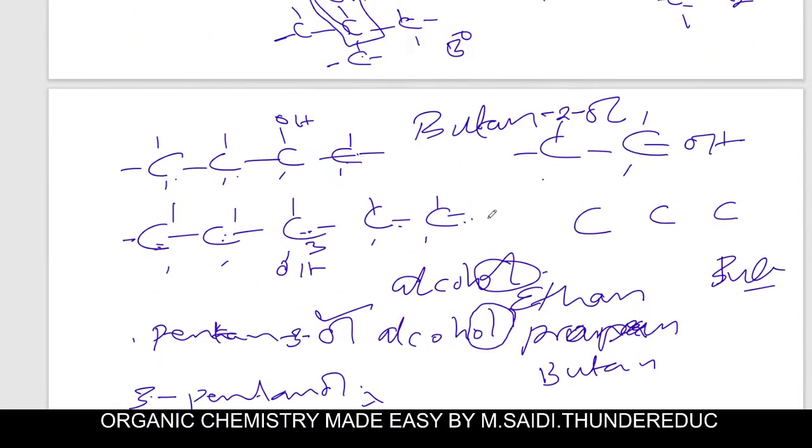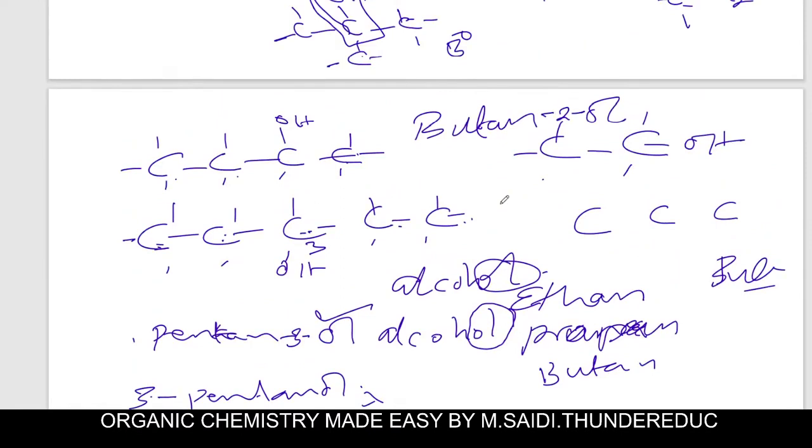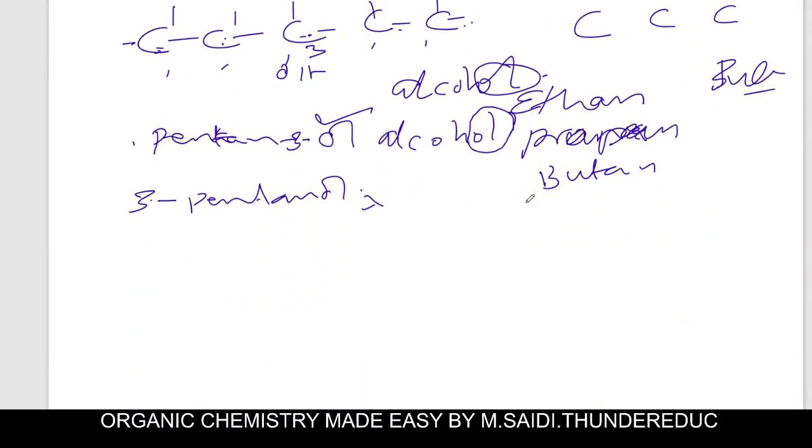So, primary alcohol, secondary alcohol, and tertiary alcohol, if they're of the same kind, same number of carbon atoms and the same number of hydrogens, then it means that they are isomers. So if they ask you to write an isomer of one alcohol, you just change the primary into secondary.